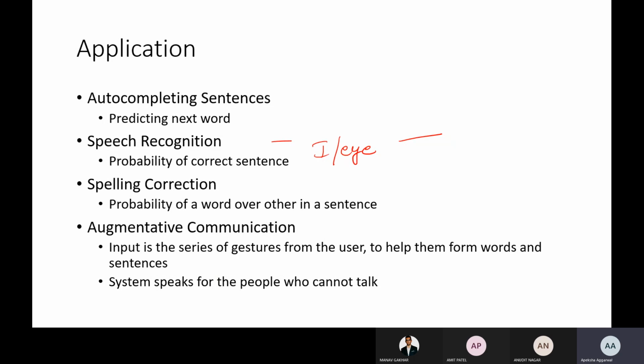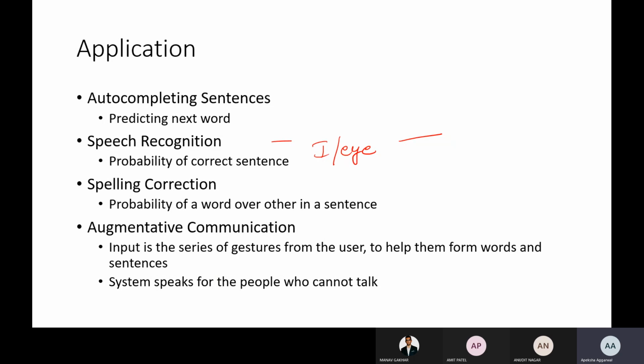For example, Stephen Hawking, you might have known that he uses this technique where what he wants to speak is communicated by a machine. It recognizes the gestures of the human, and it generates a set of word probabilities, and the word which has the highest probability is returned.